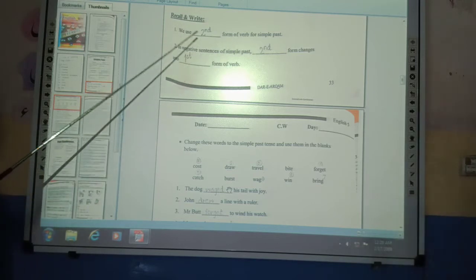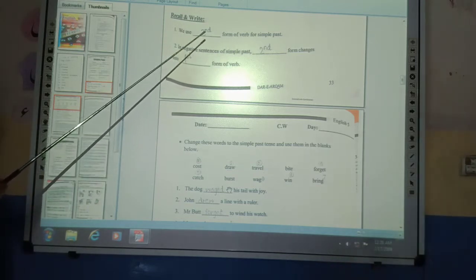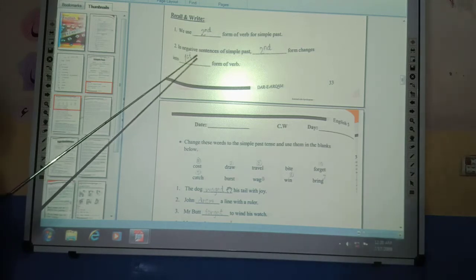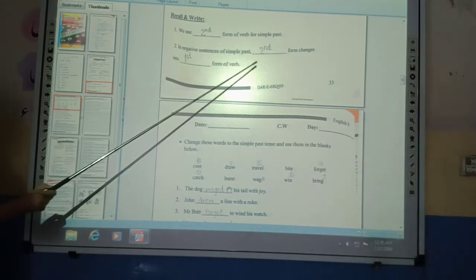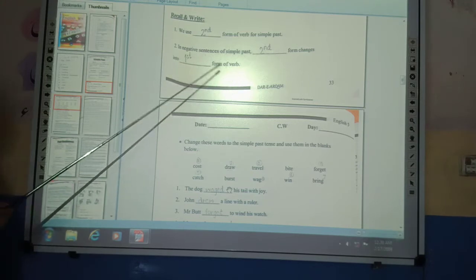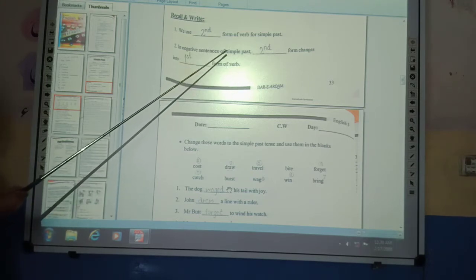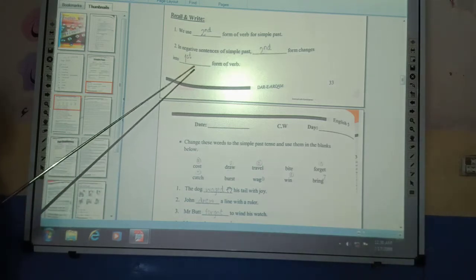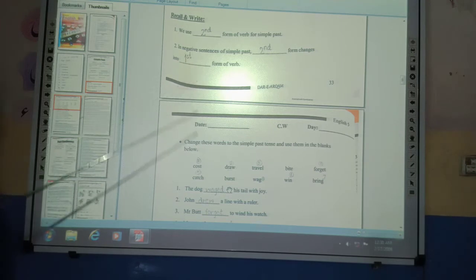In simple past tense, the second form of verb is used. In negative sentences of simple past, the second form changes into the first form of verb.